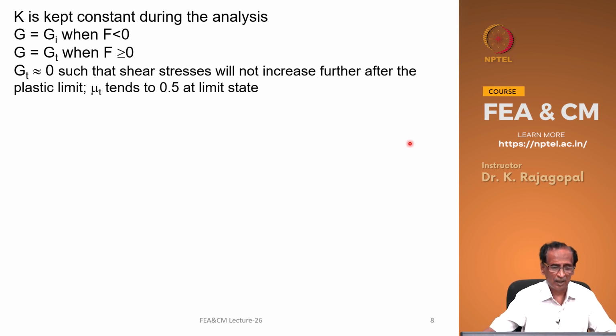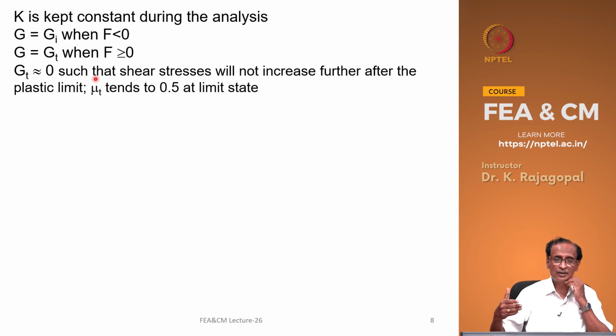Okay. And our bulk modulus we can keep constant because there is not going to be any failure because of the spherical stresses. The shear modulus G is set to some initial value when our yield function is less than 0, and when the yield function is greater than or equal to 0, we set G to a small value GT, very close to 0 but not 0, so that any further increase in the shear stresses will not happen.